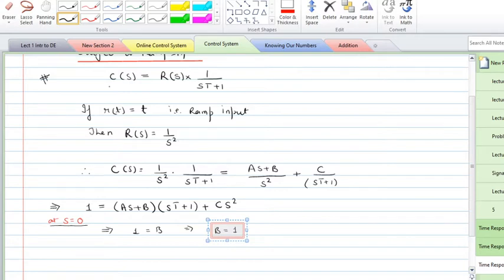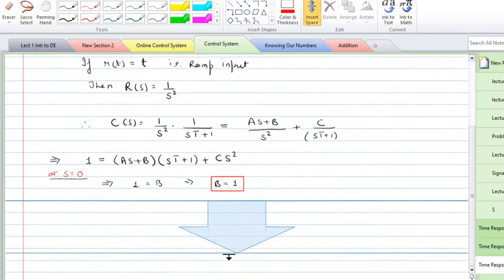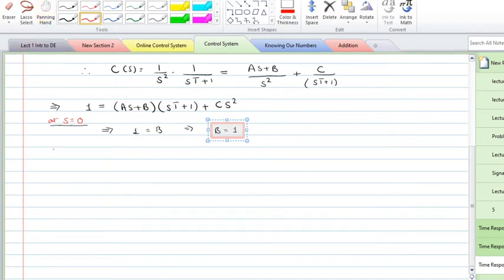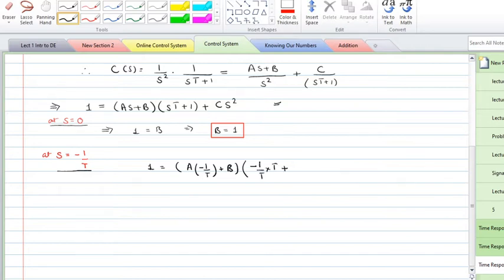Now second, at s is equal to minus 1 by T, see here what will happen to this equation, that is 1 equals to A(minus 1 by T) plus B(minus 1 by T multiply T plus 1) plus C(1 by T square).